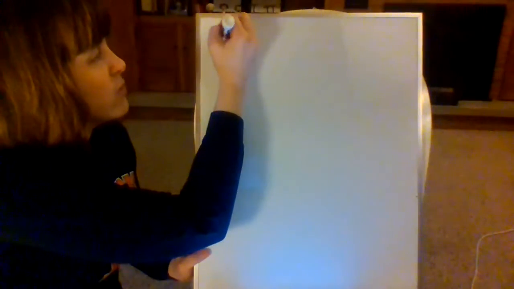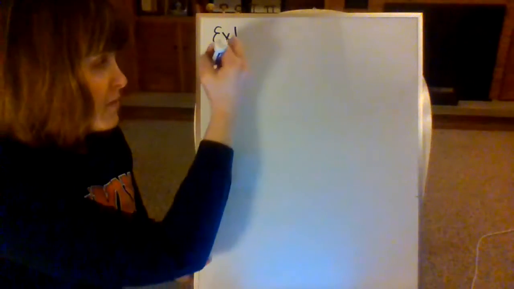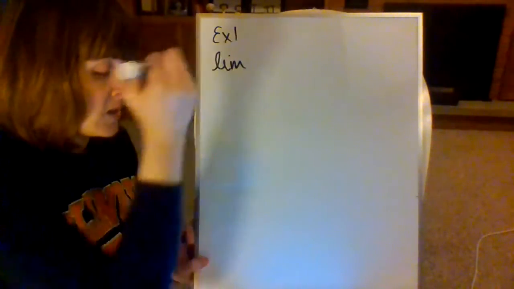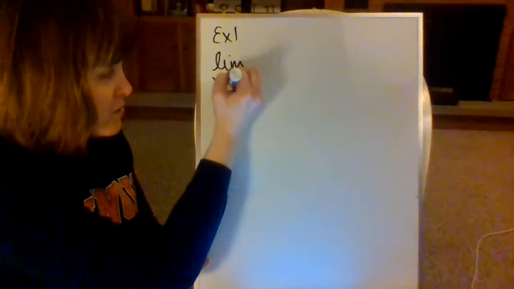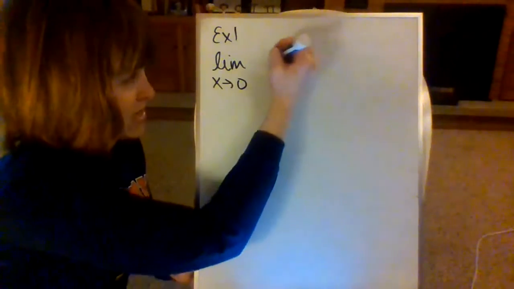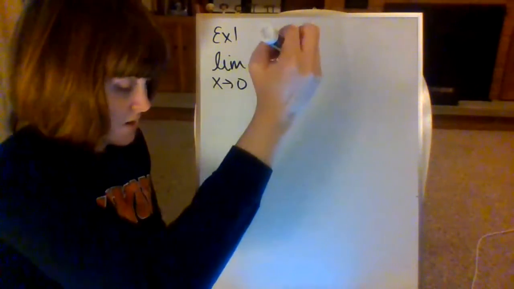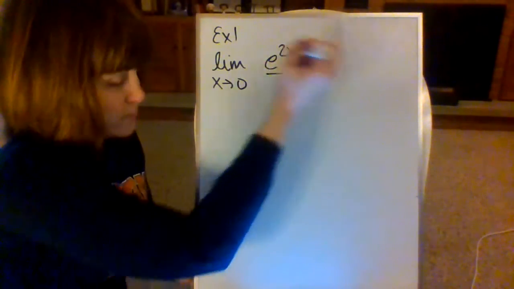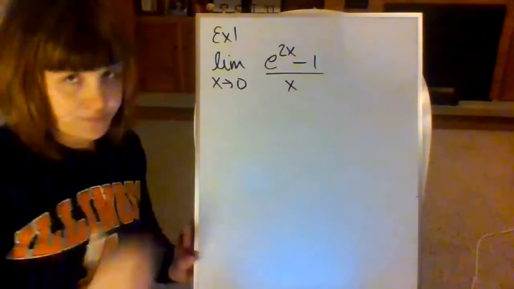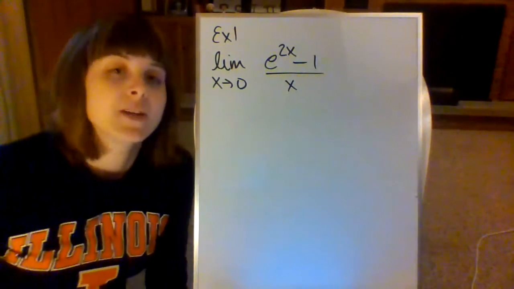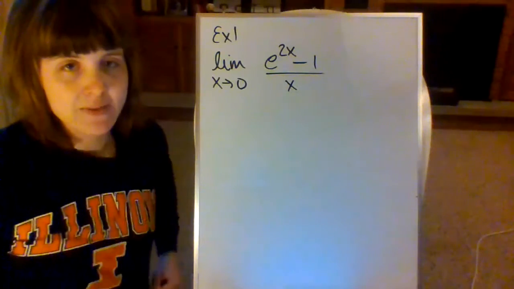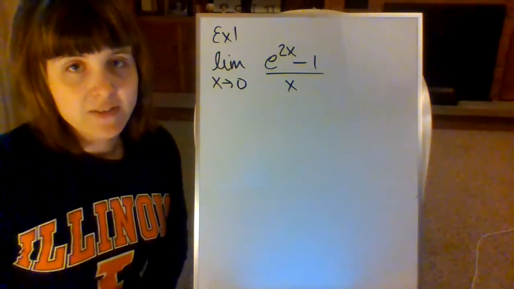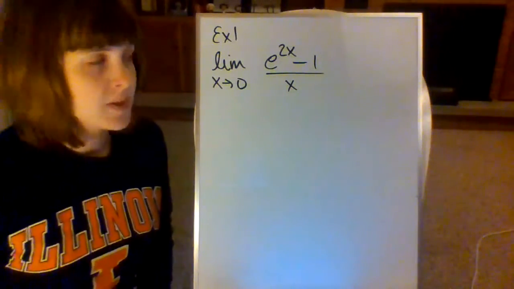Okay, so example 1 says, evaluate the limit as x approaches 0 of e to the 2x minus 1 over x. Okay, so if you remember from yesterday, we have to find the derivative of the top and the bottom.